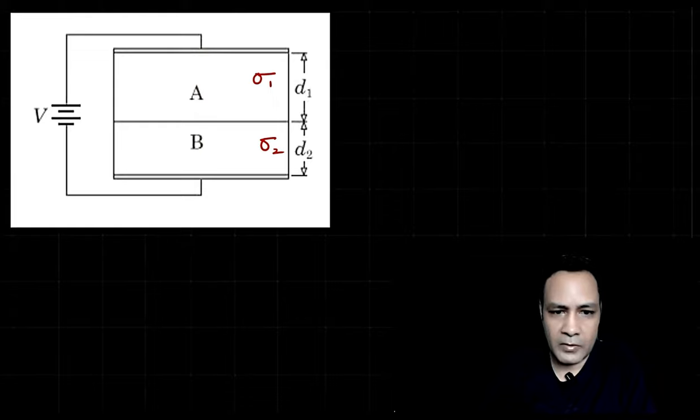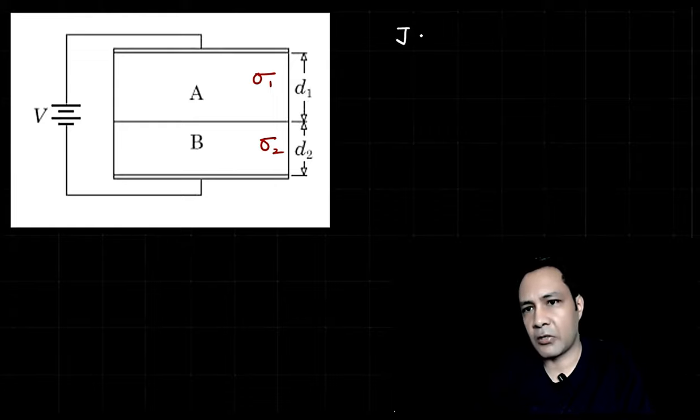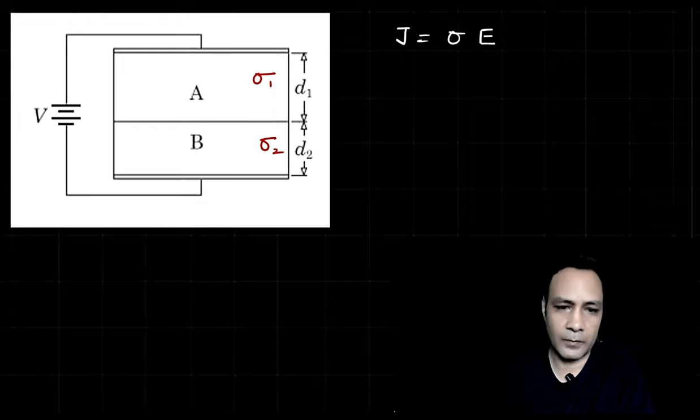So current density and electric field have a relation, and that relation is J is equal to sigma E. J is the current density, sigma is the conductivity, and E is the electric field.